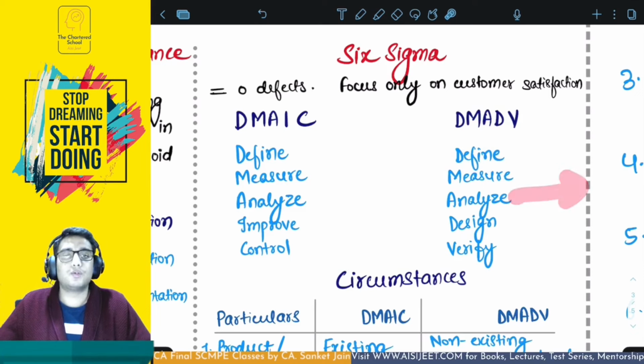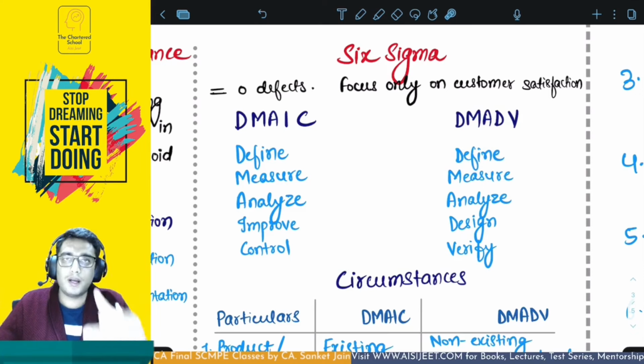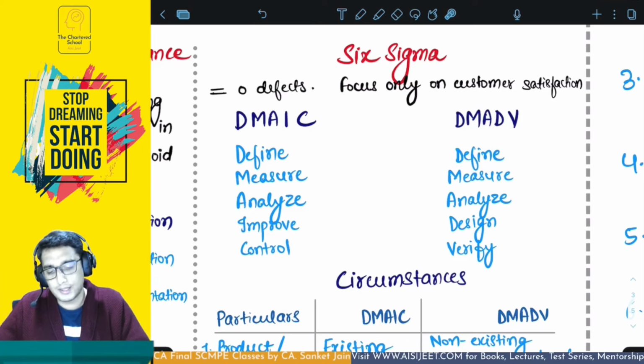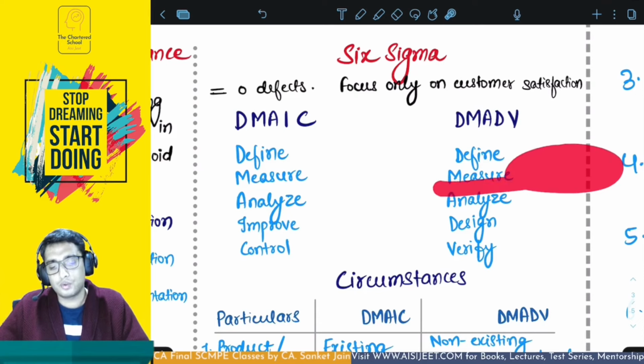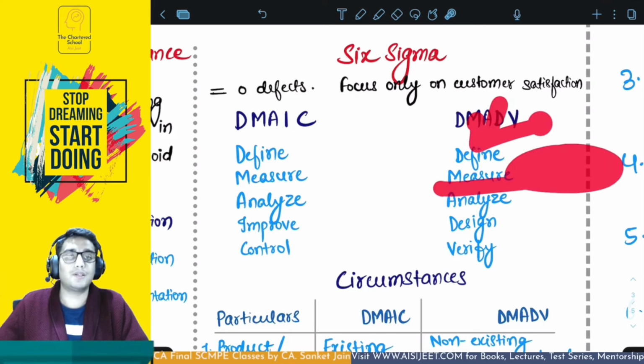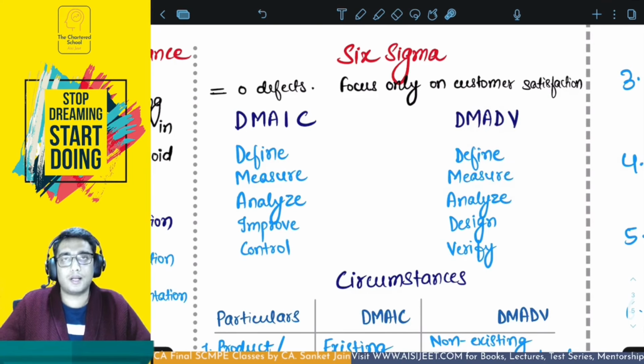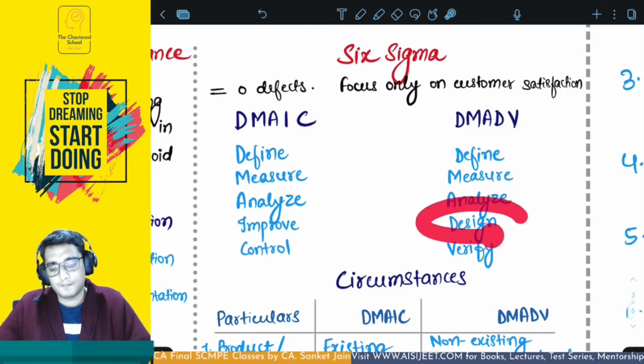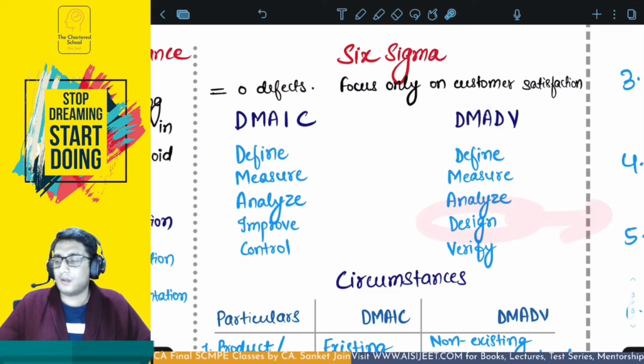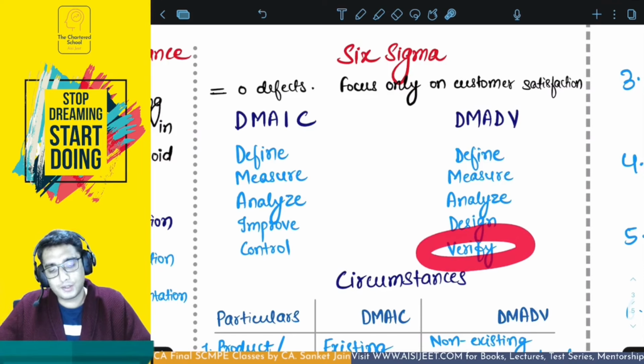Analyze would be, if we come up with multiple solutions under the measure stage to satisfy a requirement which we identified in the define stage, to select between the multiple solutions that are available. Design is to now implement and execute the solution that we have developed in the analyze stage, and verify is to check if it is working properly or not. That is DMADV.